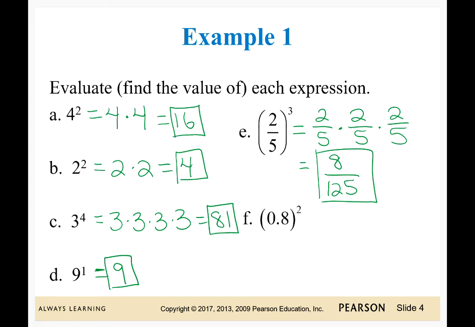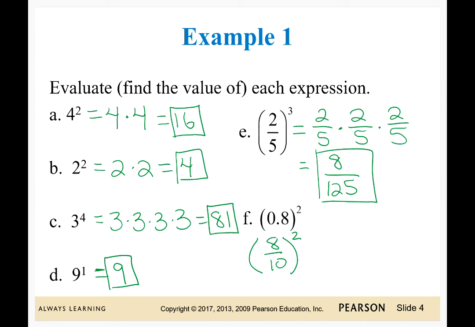If you have a decimal, I find that most students don't know how to multiply decimals. So I think the best thing to do is to change these to fractions and then do the problem. Fractions are a bit easier with this. So if you look, 8/10 raised to the 2nd power, even just by saying it correctly, 8/10 to the 2nd power, those two are exactly the same. I would leave the denominator as 10. I wouldn't simplify. If you have a decimal in the original problem, you can write your final answer as a decimal.